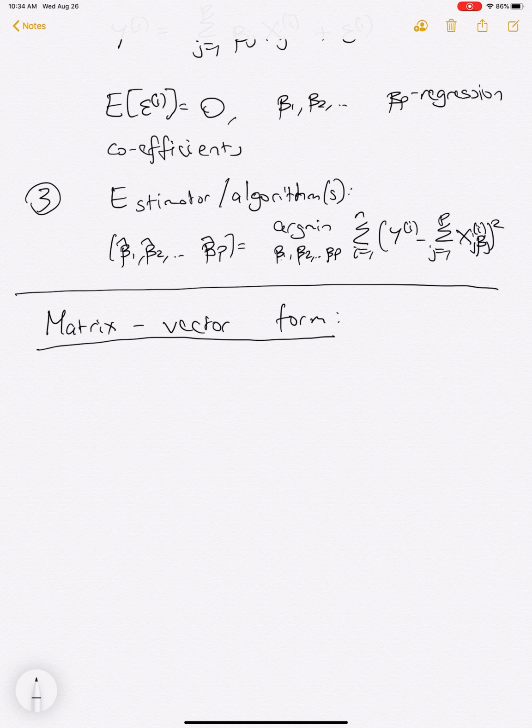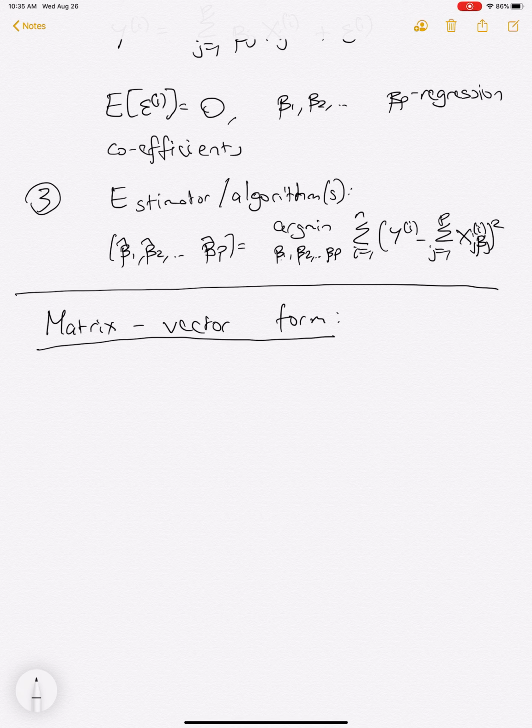And so what I'm going to do is introduce matrix vector form. Remember, in the previous lecture, I discussed how linear algebra is going to be a really important concept throughout the course, because we have multivariate statistics. Whenever you have linear models with multivariate data, matrix vector form and operations in linear algebra are going to be absolutely critical.